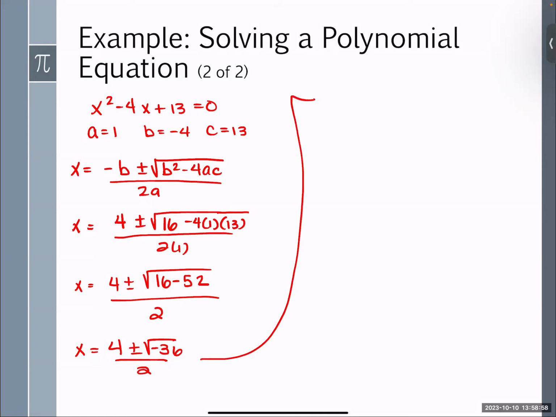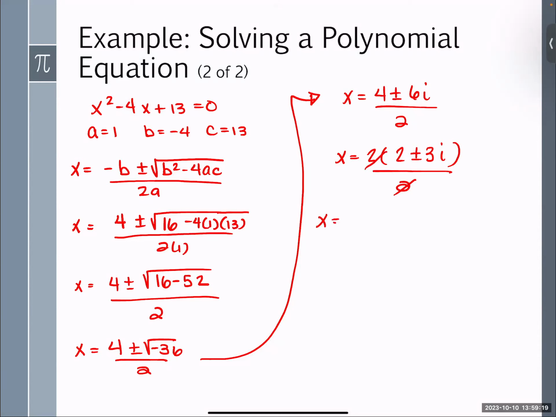Okay, let's go ahead and simplify this. The square root of negative 36 is 6i. I can factor a 2 from the numerator and cancel that with the 2 in the denominator. So my two complex factors are 2 minus 3i and 2 plus 3i.